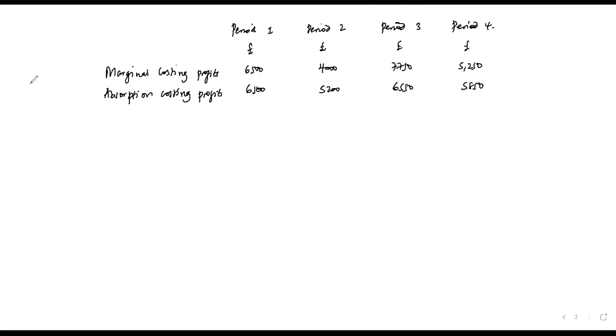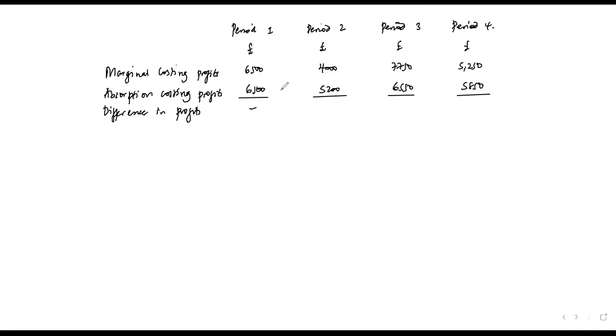Let us try to get the difference in these profits and we see. This will help you in coming up with a comment. The difference in profits. Period 1, no difference.